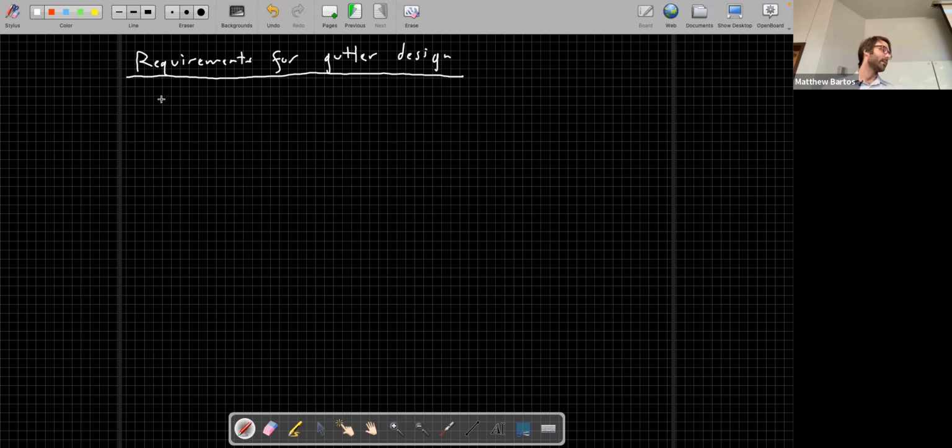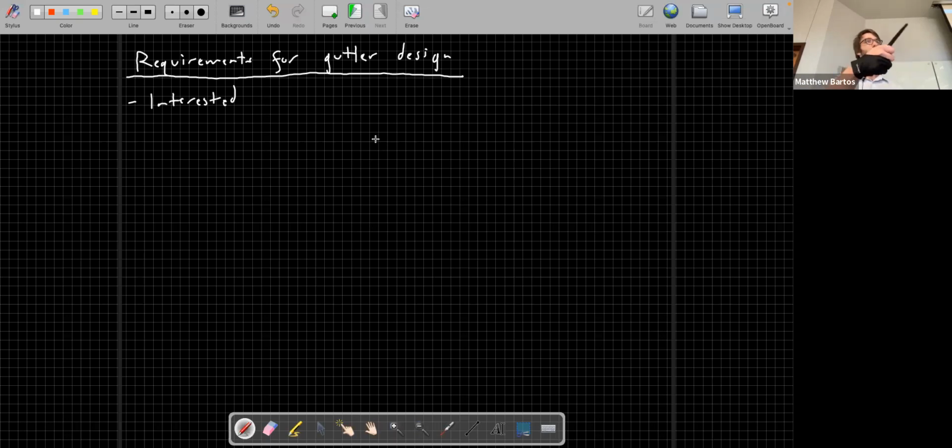We're interested in designing gutters to maintain a specified clear width. I'll draw what this is in a second. But essentially, we want to maintain a certain width of the roadway that does not have water on it.